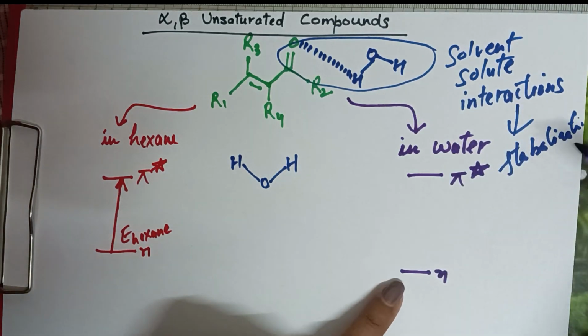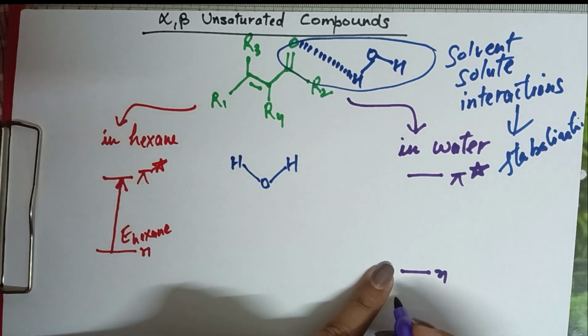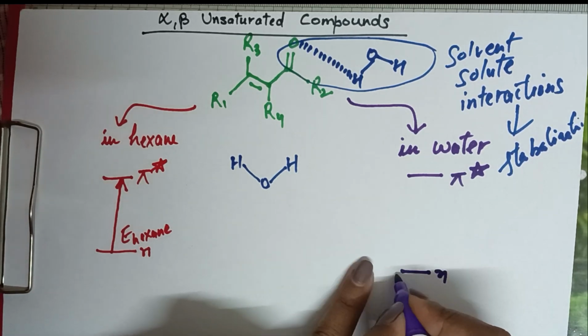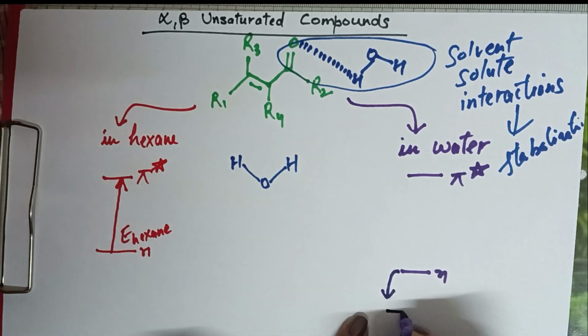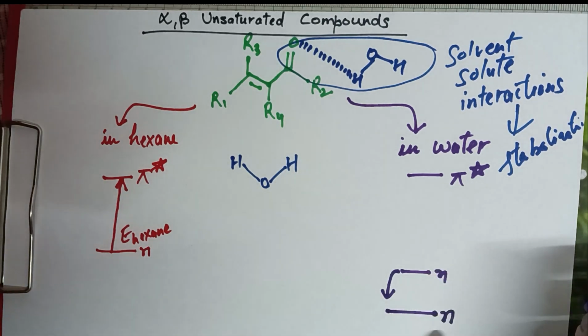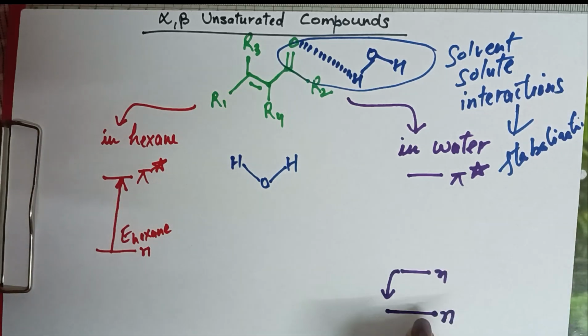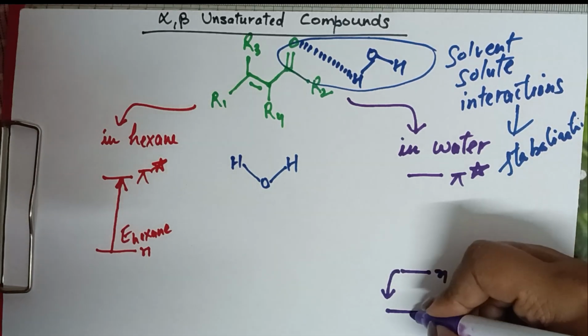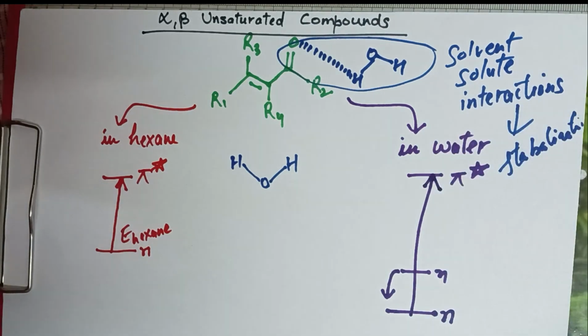So due to these types of interactions, there is stabilization. Due to stabilization, this n shifts to lower energy. The energy of this n decreases. Now because the energy has decreased, the overall energy gap between n to pi star increases.